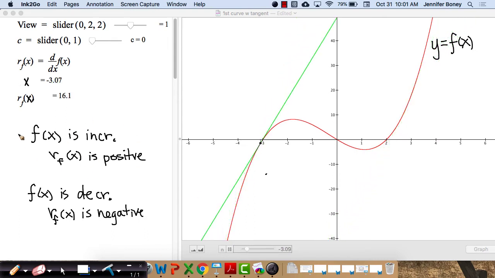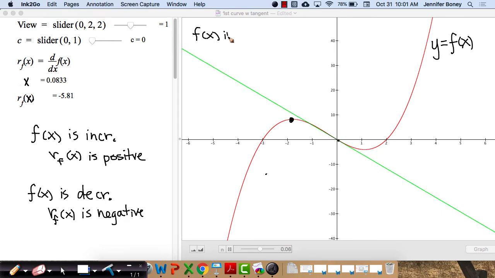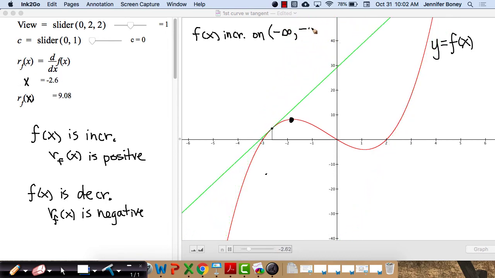So for instance, if I were trying to describe where f of x is increasing, I might say from wherever I can see here, negative infinity really, up through about this spot, which is maybe around -2. I'll just call it -2 for simplicity's sake. But I could say that f of x increases on this interval from negative infinity through about -2.